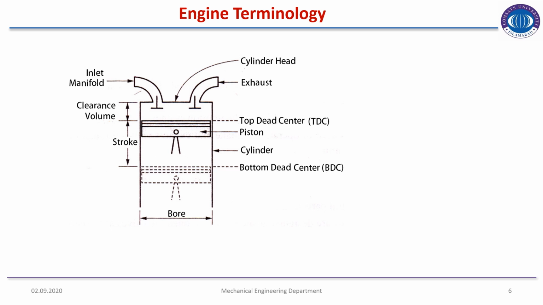So this is a schematic diagram of piston cylinder system. So engine and piston cylinder system are somewhat similar, and there are many. In the upcoming slide we will show in animation as well. So here this part is known as piston.